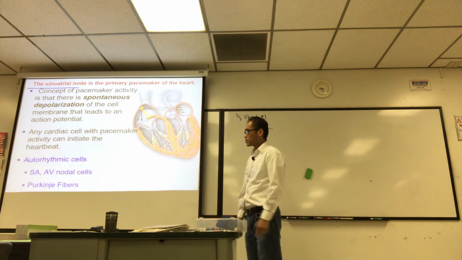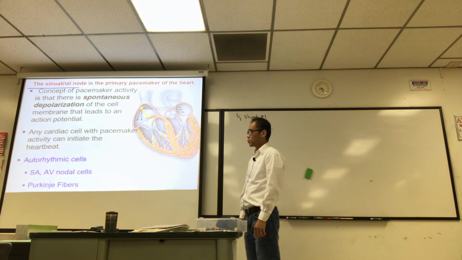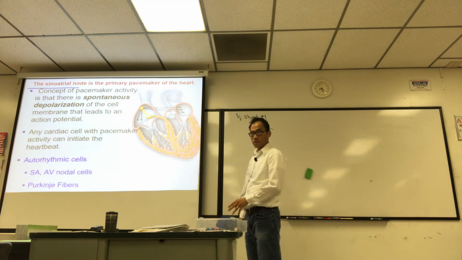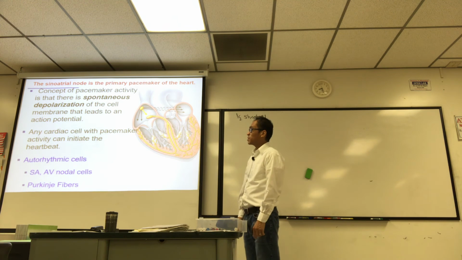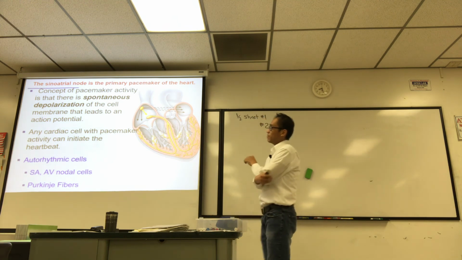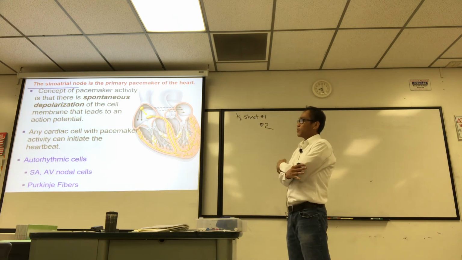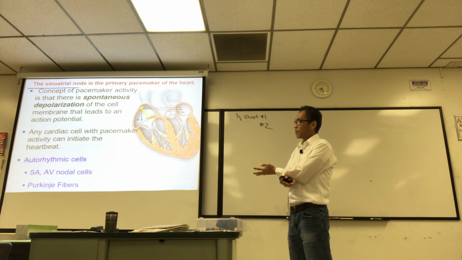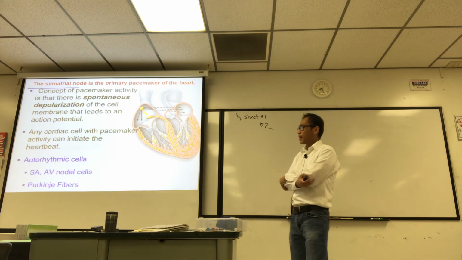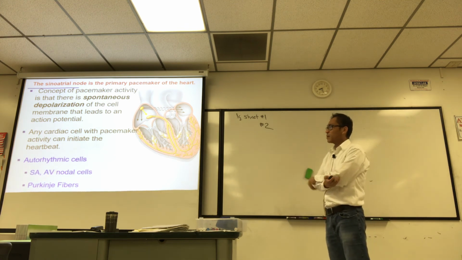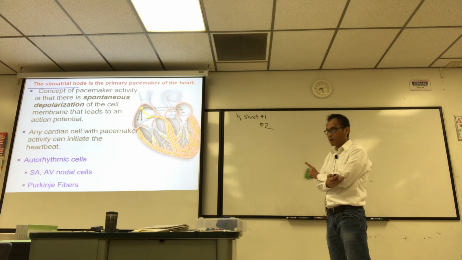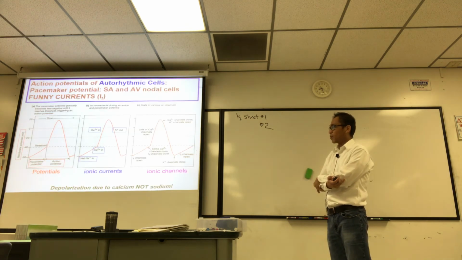The Purkinje fibers do have some pacemaker potential too, but we're not talking about those for the action potential trace we'll be studying. The idea of pacemaker activity is that there's a spontaneous depolarization of the cell membrane that leads to an action potential. Any cardiac cell with pacemaker activity can initiate the heartbeat, and the strongest one is the SA node, the sinoatrial node, the normal sinus rhythm that establishes the heartbeat.